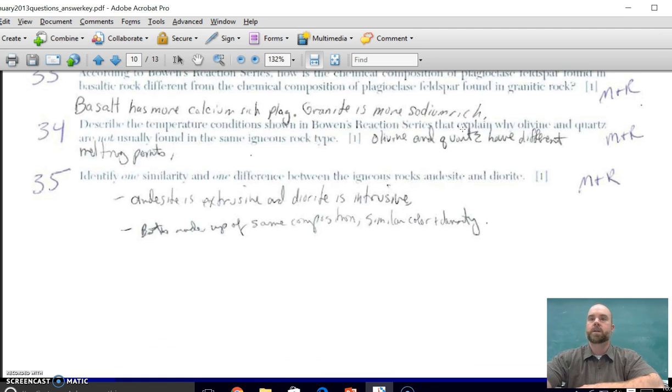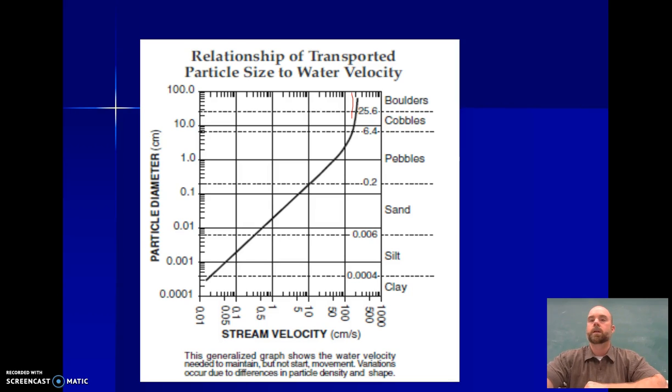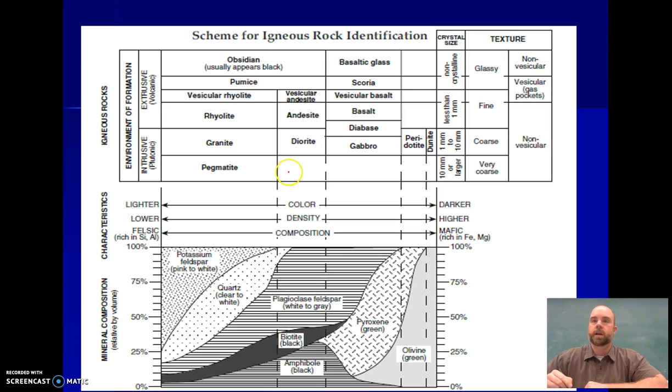Identify one similarity and one difference between igneous rocks, andesite and diorite. So some people did not look at the ESRT. Remember that you could always look at the ESRT to get this answer. So you're going to look at the igneous rock chart, and you're going to look for, I think it's andesite.